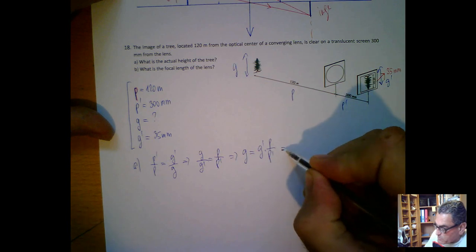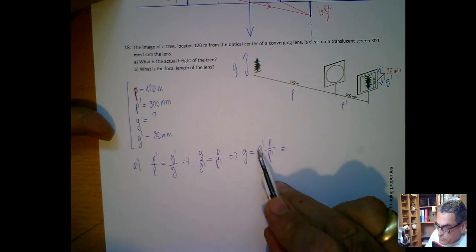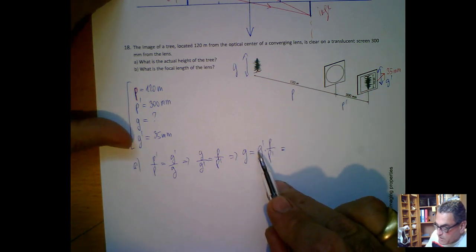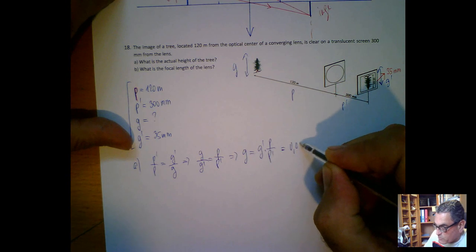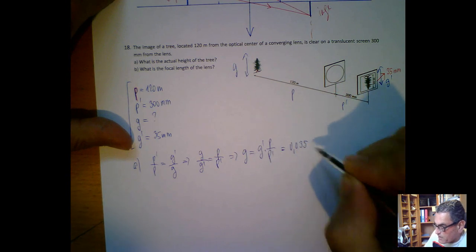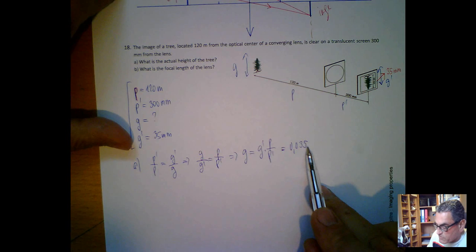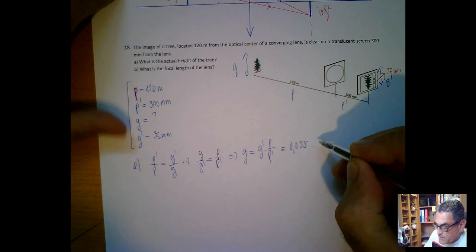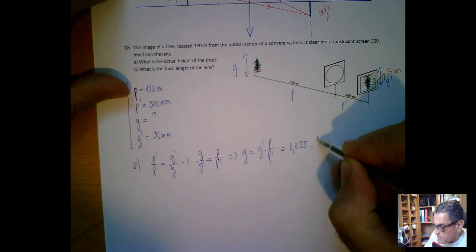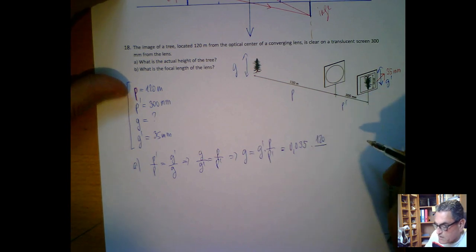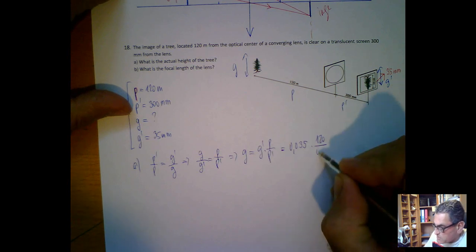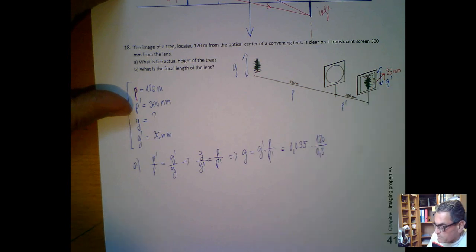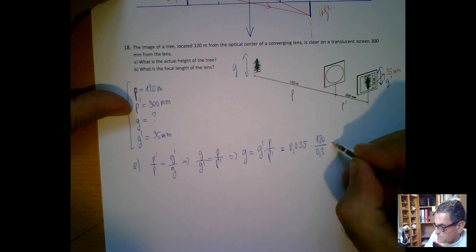So let's put everything in meters. G prime in meters is 0.035 meters, it's 35 millimeters. P in meters is 120, and p prime in meters is 0.3. Right?